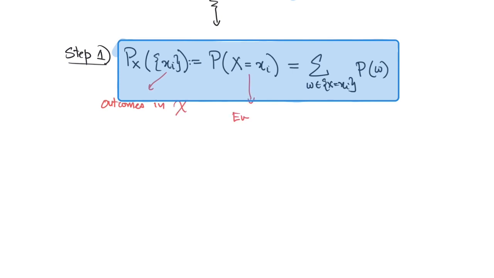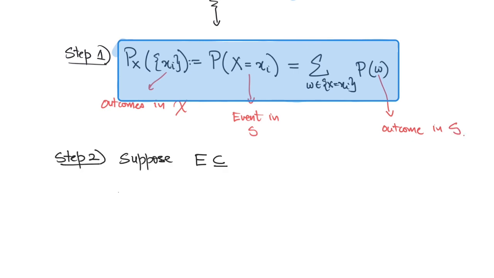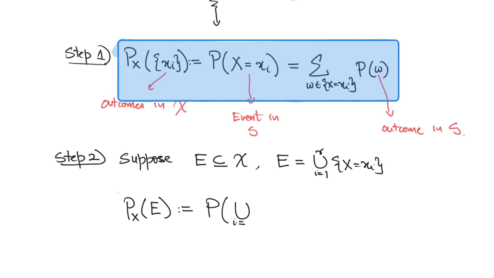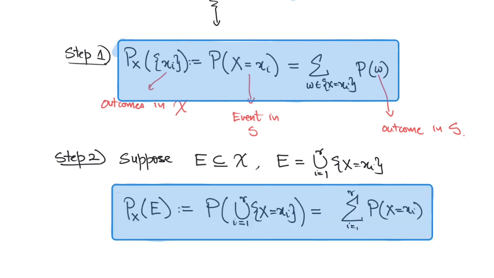The next step is to define P_X for an event E, a subset of script X. The event E is a disjoint union of sets of the form X equals x_i, and P_X of E is defined as the sum of P_X of X equals x_i, which we have already defined in step 1.